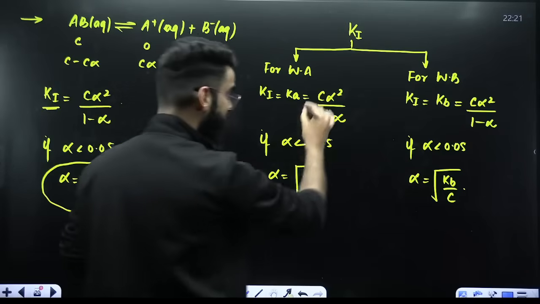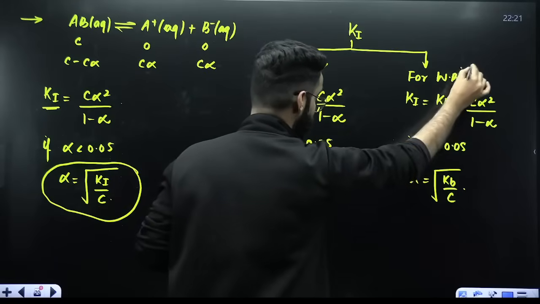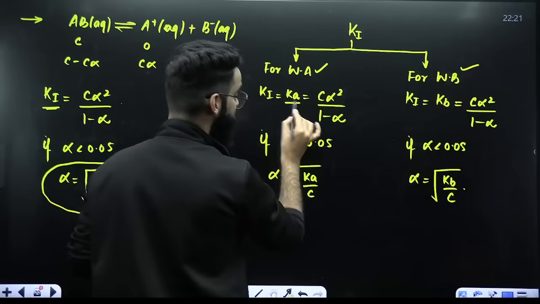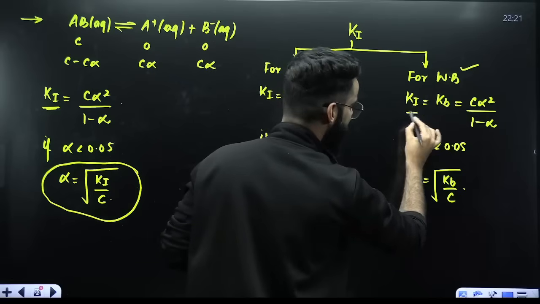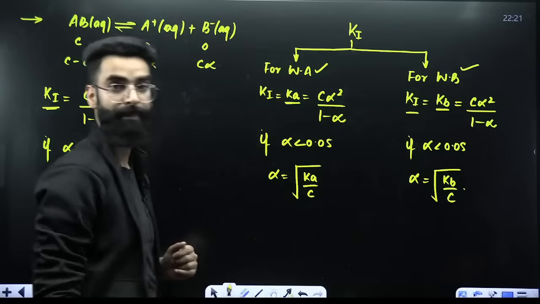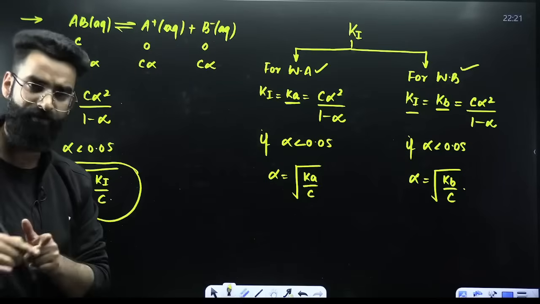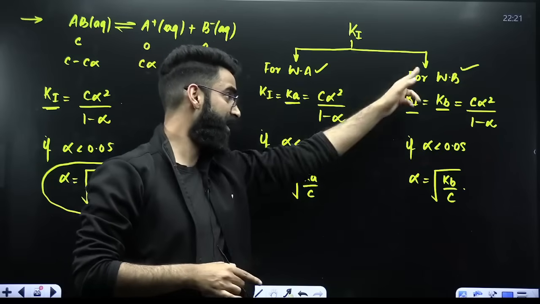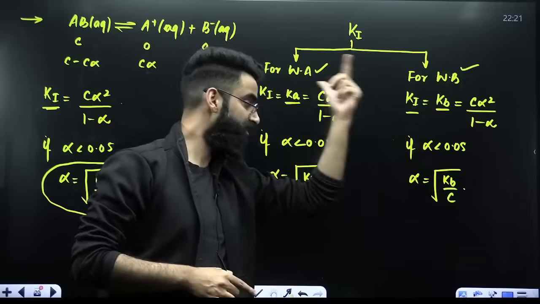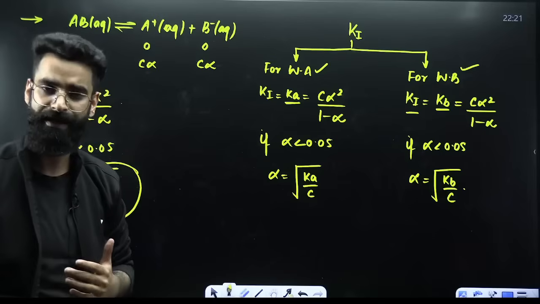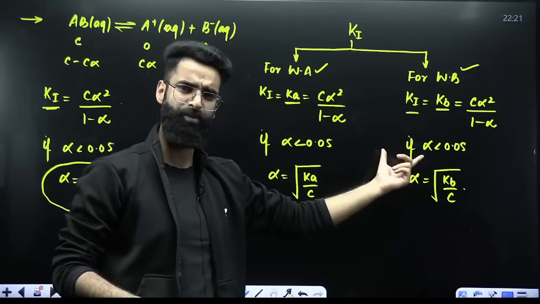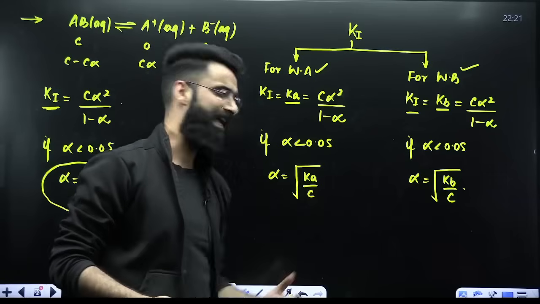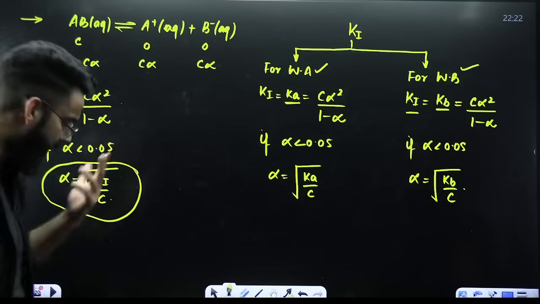Now, if that weak electrolyte is a weak acid or a weak base, then Ki is something which you call Ka over here, and Ki is something which you call Kb over here. In case of a weak acid, Ki is Ka. In case of a weak base, Ki is Kb. And these are the expressions with the help of which you can calculate Ki. And if alpha for them is less than 0.05, then this is the way with the help of which you can calculate alpha as well, right?